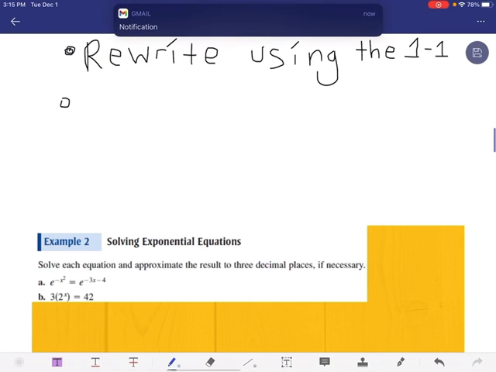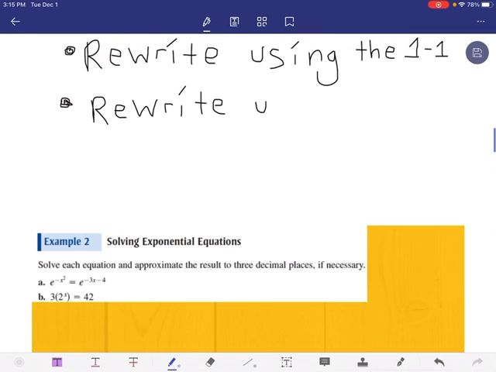If we can't do that, then our next goal is to rewrite using the inverse property.